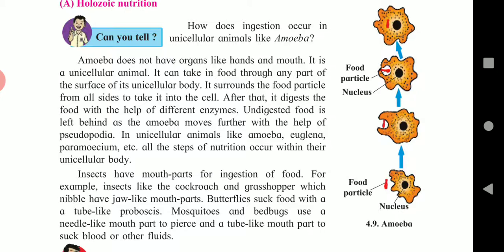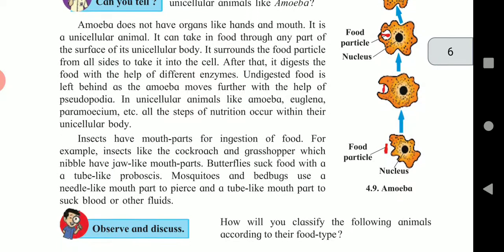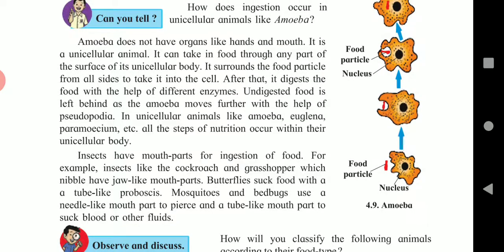After that, it digests the food with the help of different enzymes. Digest means what? Breaking down food into small particles. And undigested food is left behind as the amoeba moves further with the help of pseudopodia.